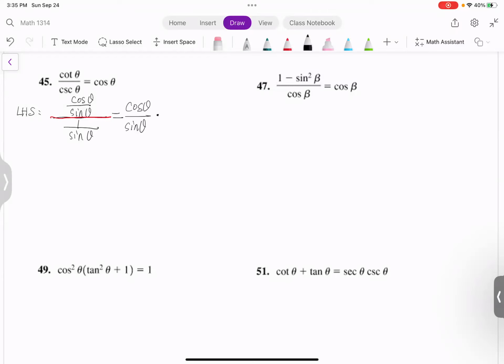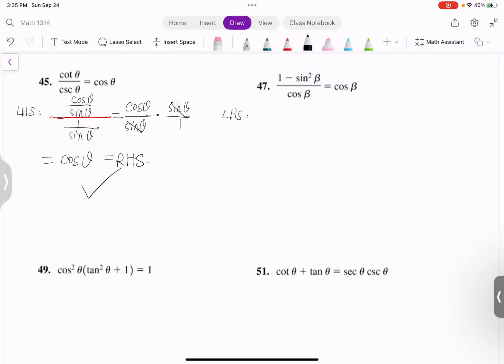Then multiply by the reciprocal of the bottom fraction, sine theta over 1. Sine cancels. It is cosine theta. Is this my right-hand side? Yes, it is. It equals the right-hand side. Yes, I proved this is an identity. Number 47. What is our left-hand side?